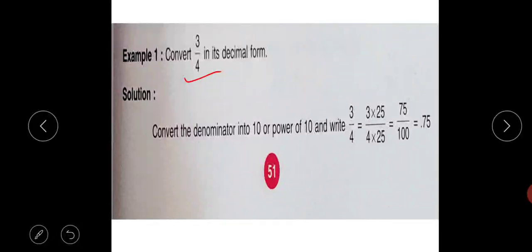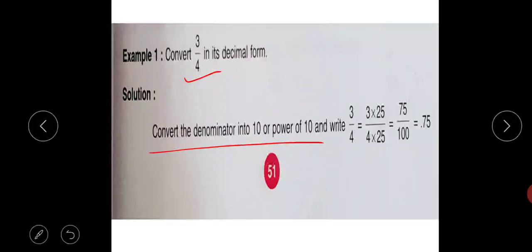Now convert the denominator into 10 or power of 10. For this you know, if we multiply 4 by 25 we get 100 which is power of 10.